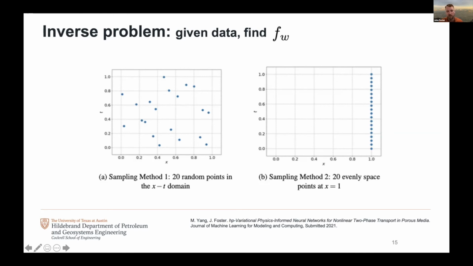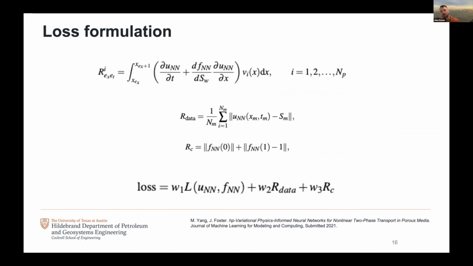This is where there is some utility in these so-called physics-informed neural networks, because you can actually solve the inverse problem at the same time you solve for the solution. In this case, we have two neural networks: a neural network for the solution, and a neural network for the fractional flow curve. We add a couple of constraints that are things we know.